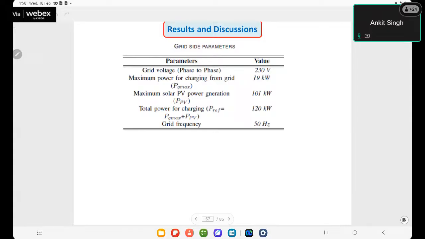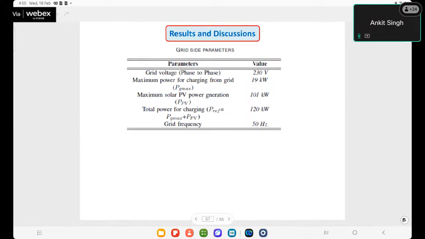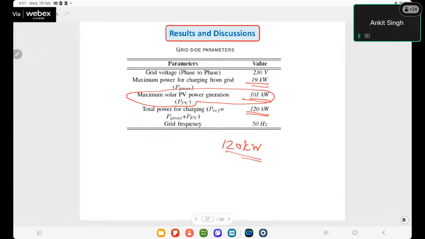These are the parameters. Again, here 19 kilowatt comes from the grid and 101 kilowatt from the solar PV, as designed, and the total reference charging power is 120 kilowatt.